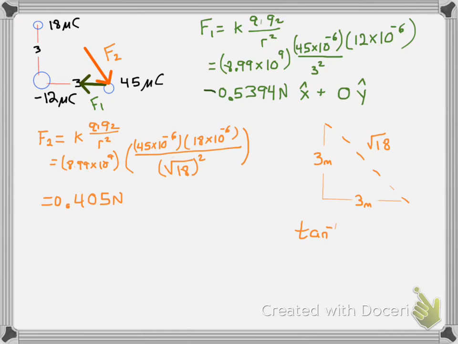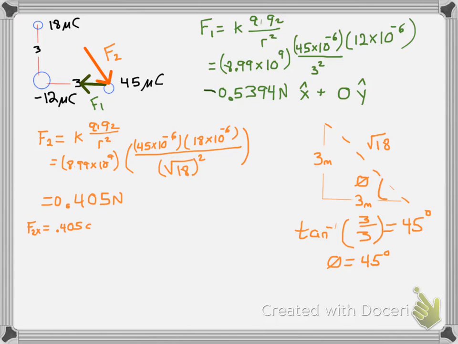Now, if we actually need to find the angle, we can find it using the inverse tangent of 3 over 3. A lot of you just see that it's a 3-3 triangle, so it's 45 degrees. But if we did the inverse tangent, we find that that angle is actually 45 degrees. Now the reason we found that angle is because we need to break this force 2 into its x and y components.